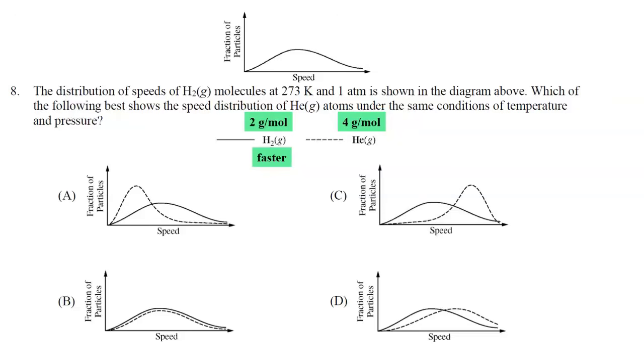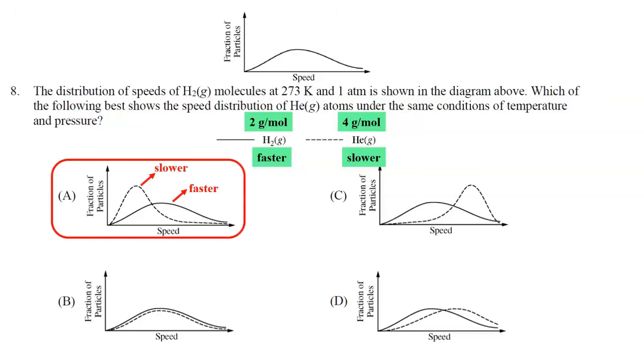And for helium, those particles are traveling at a slower average speed because there's more mass. And so which curve shows the dashed line traveling at a slower average speed? The correct answer to question 8 is choice A, showing that helium particles are slower and hydrogen particles are faster.